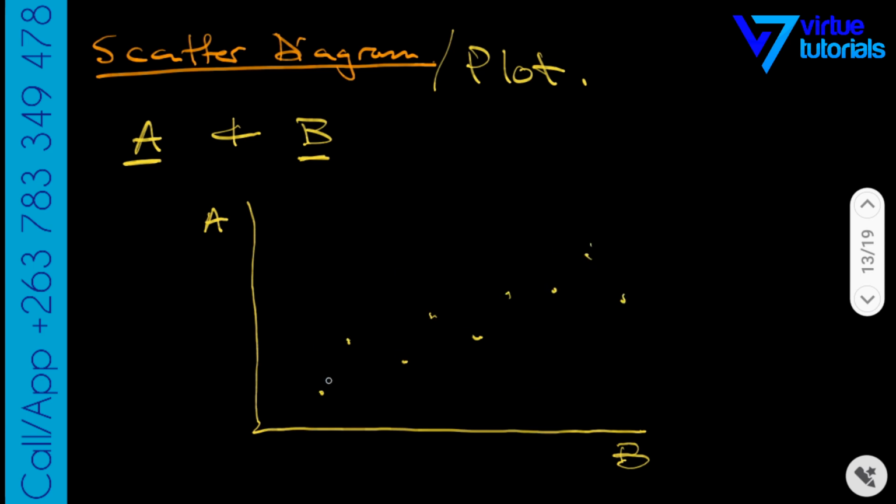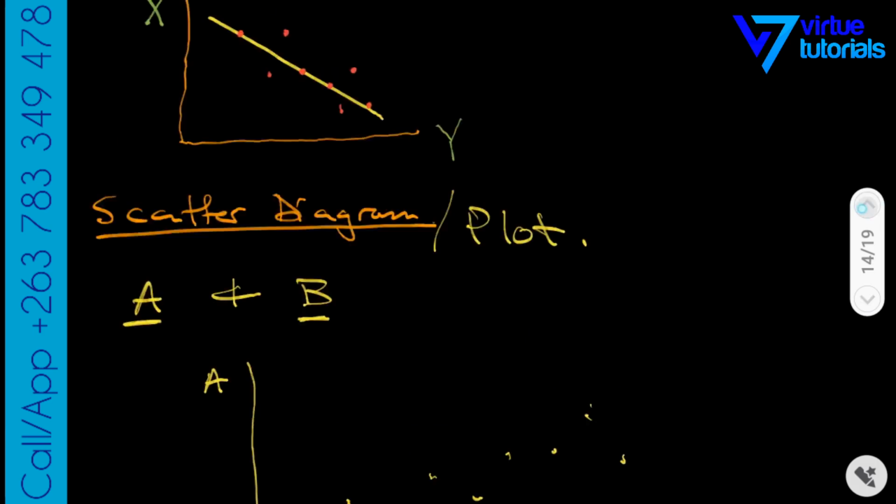When they plot those points, those points are sort of scattered. So it's called the scatter diagram. And then they try to get information from those points about the relationship between A and B.